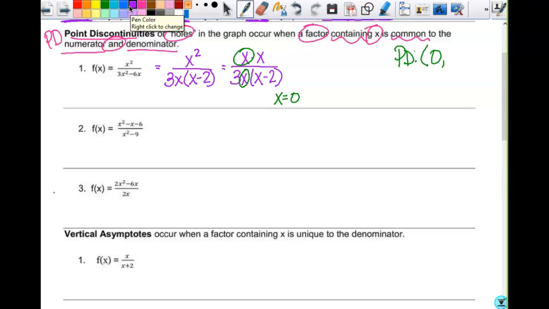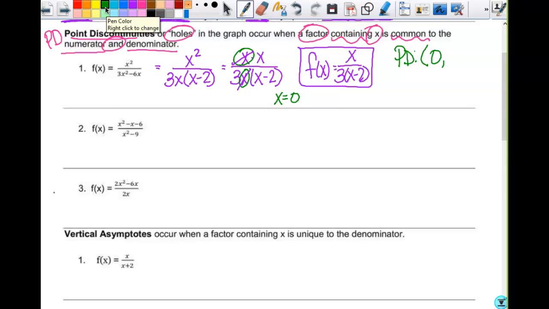So once I figure out where my x value is, I actually cancel those out and reduce it. My reduced function is f of x equals x over 3 times x minus 2. That's my reduced function. And then I find f of 0, or whatever this x value is, and that's going to give me 0, right?